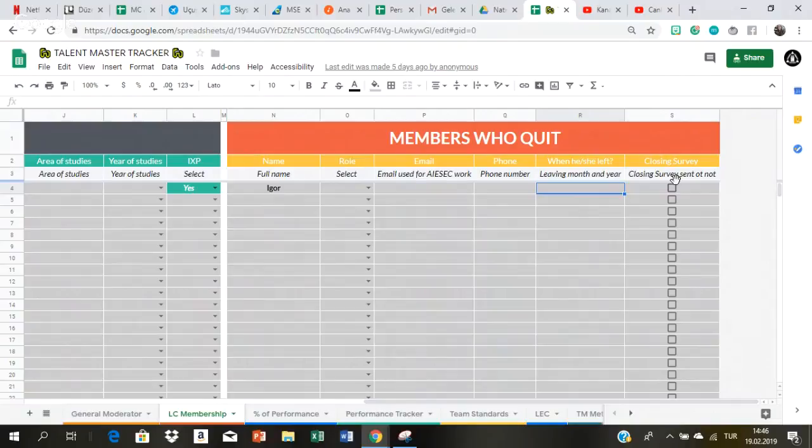This part is not strictly mandatory to be only a survey. You can have a meeting or a survey, as you want. When you have done the survey or meeting, you put a tick, and then I understand that the experience of this person is closed and we have data on why this person left.